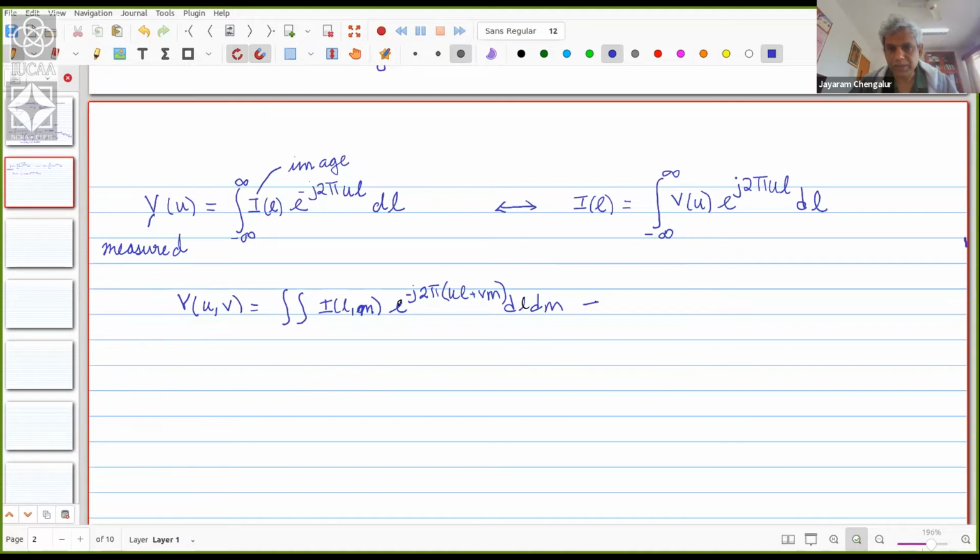Which means, again, that the 2D image of the sky that I want is simply given by this relation.